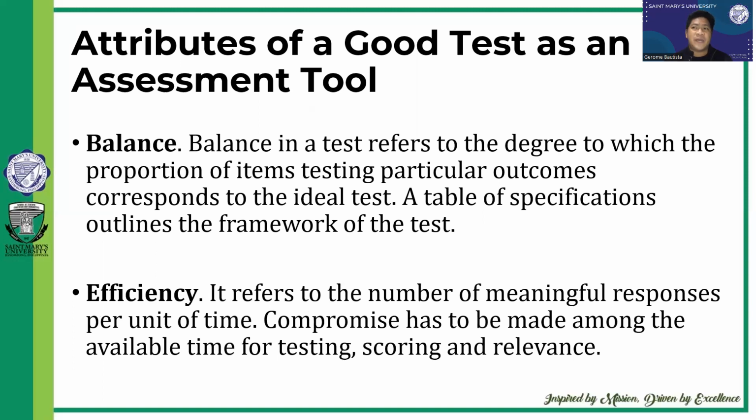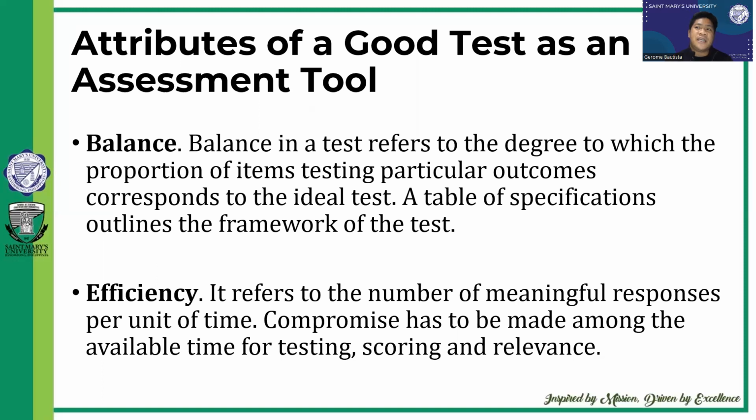Efficiency. This is related with scorability and administrability. It refers to the number of meaningful responses per unit of time. Compromise has to be made among the available time for testing, scoring, and relevance. We need to make sure that our students will be able to complete the test given the time period for our testing.